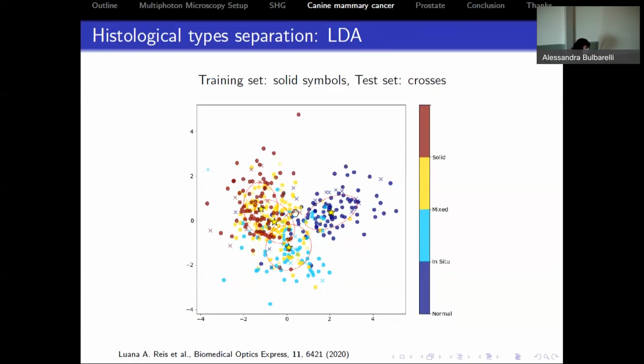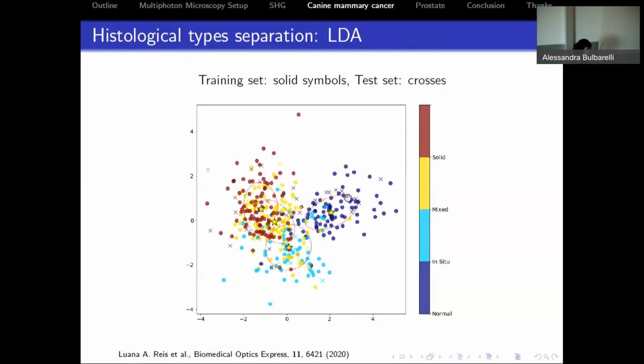In this corner part of the map, each dot is one image of the histological biopsies. The full dots are the set used as the training set, and the crosses are the positions guessed by the software for the unknown ones.